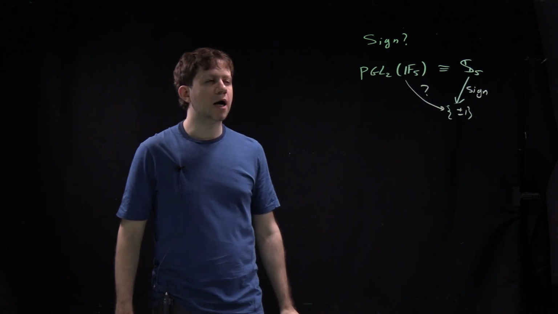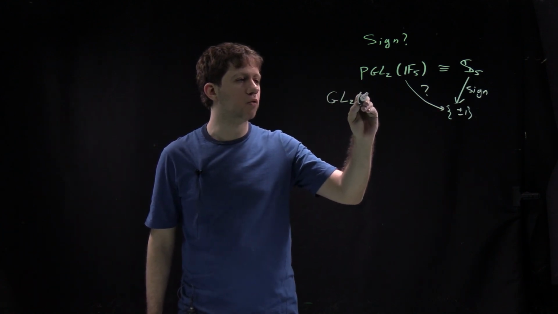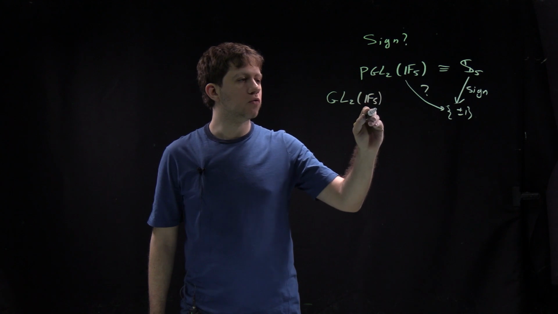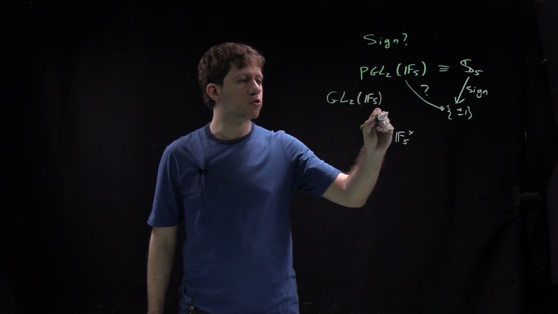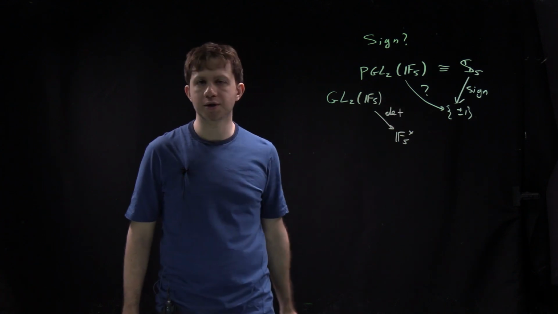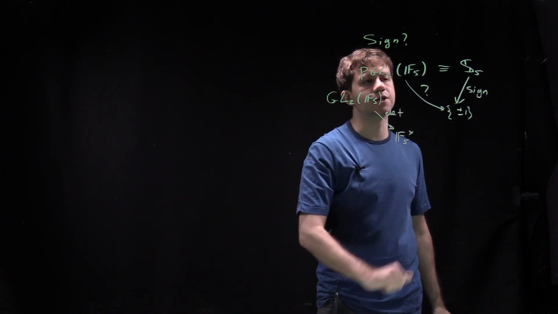At first you might say, okay, there is a homomorphism from GL2 Fp to Fp times, which is the determinant, right? And it's kind of clear that determinant should be related to sign.